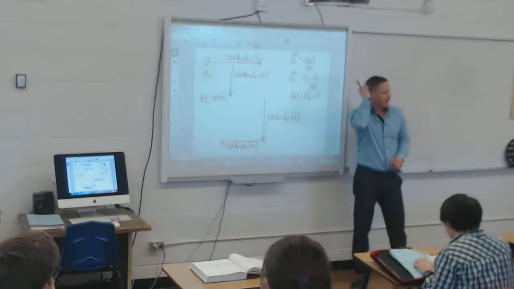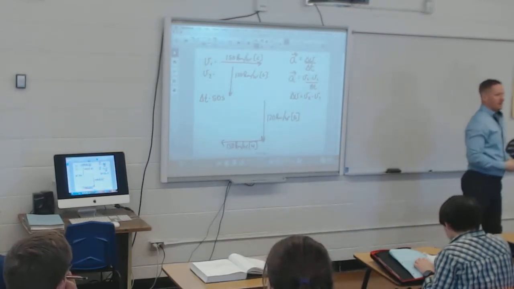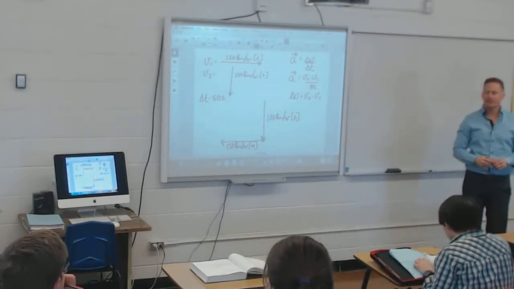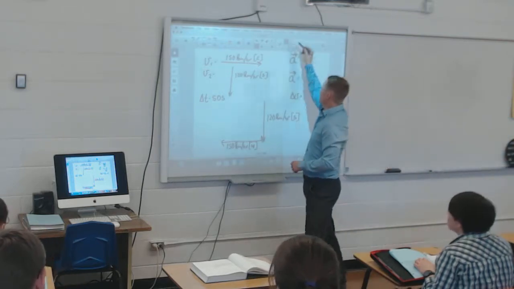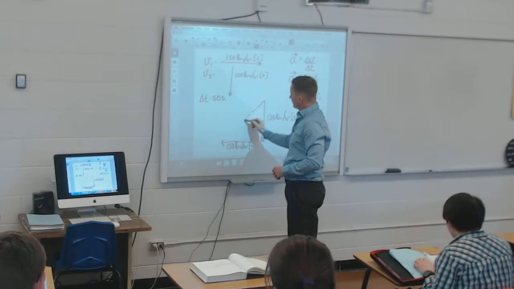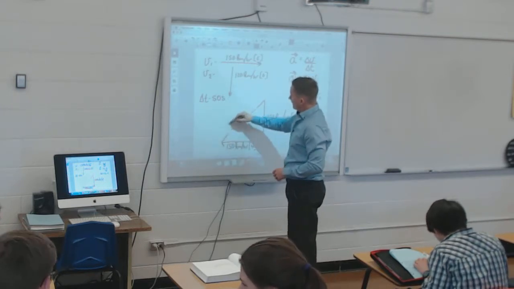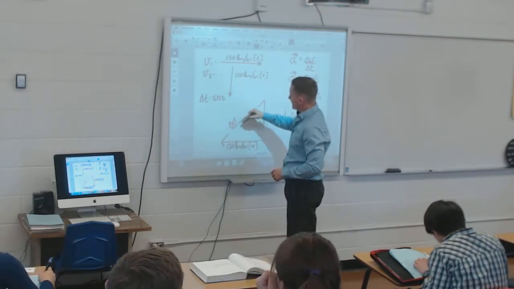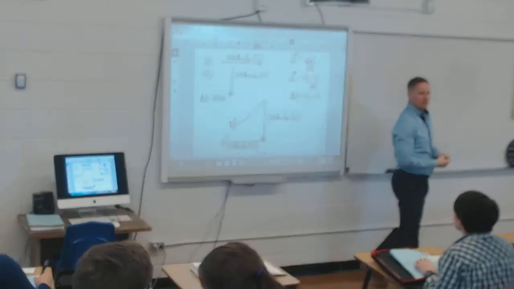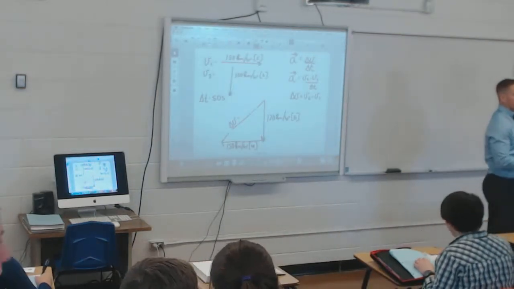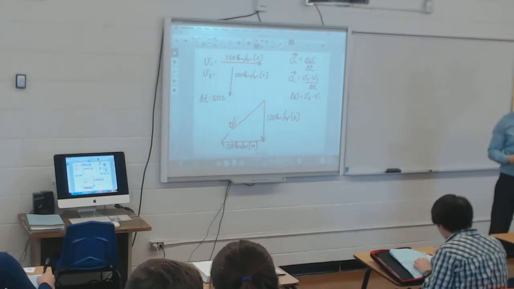Now because I already have a right angle, I'm not doing components for this because they're both single components. So now, that line represents my magnitude in units for my change in velocity. There's my magnitude, my units.